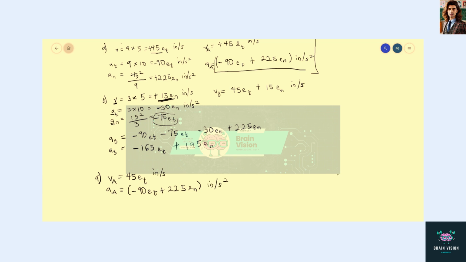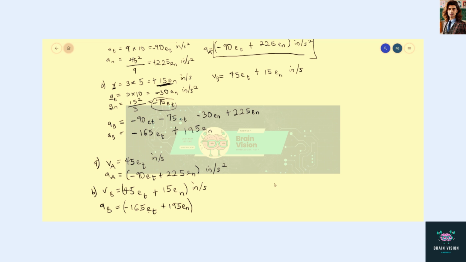And for B, the velocity is 45 et plus 15 en, all together in inches per second. And the acceleration at B is minus 165 et plus 195 en, all together in inches per second squared. And that's your final answer.